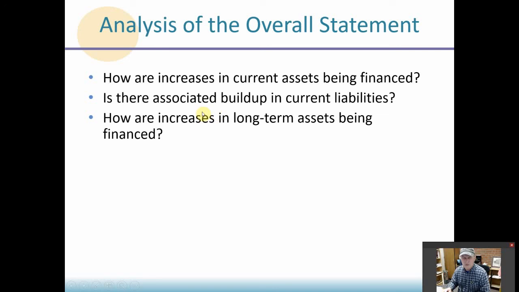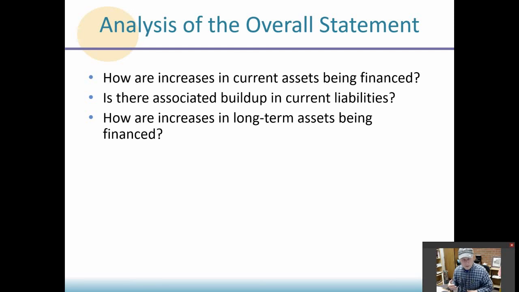How are you financing long-term assets if you're buying some of those? Are you using cash, which can be a big drain on cash, or are you borrowing? And we always had a saying in banking that you wanted to match the term of the asset that was being created with the term of the loan. So if you were financing inventory and accounts receivable, which is important, you wanted to make sure that was a short-term loan.